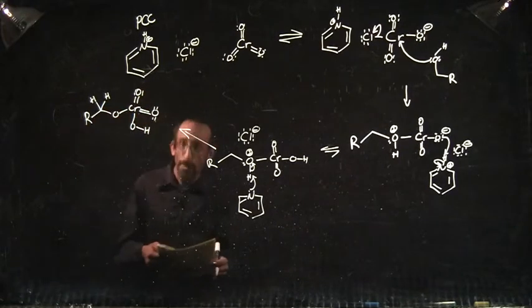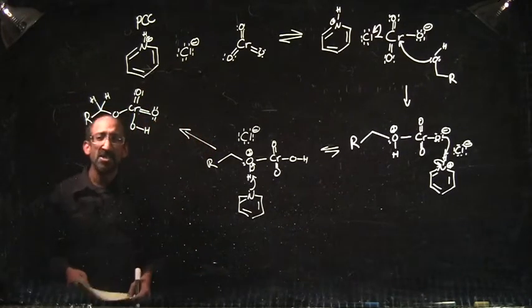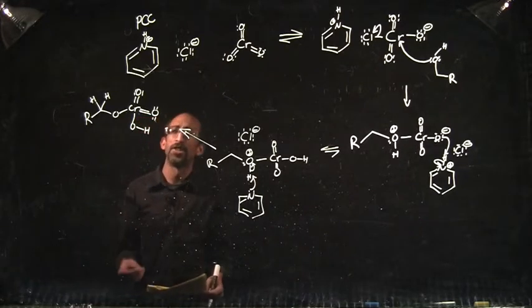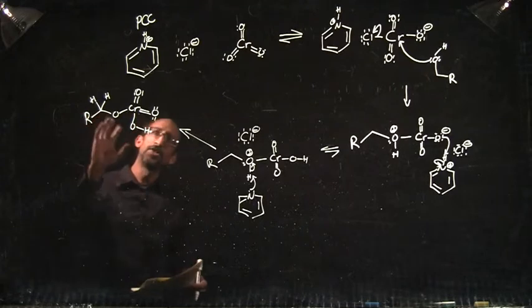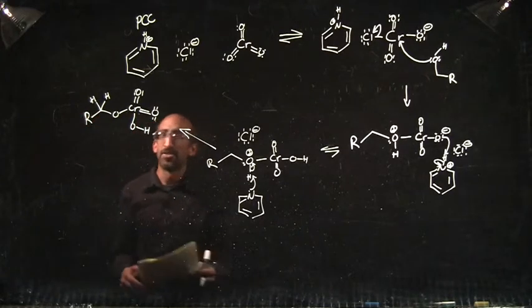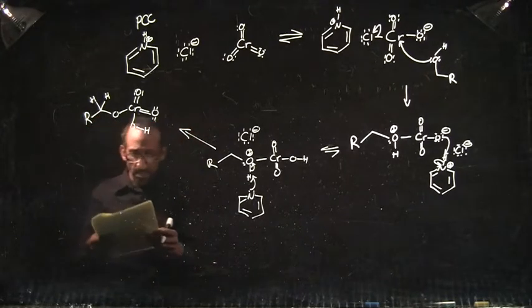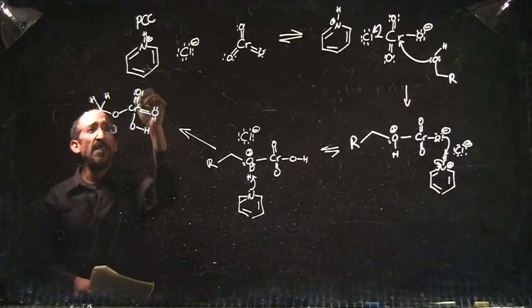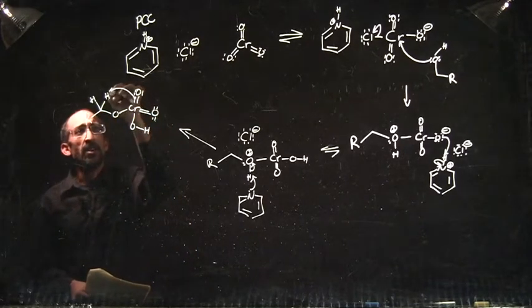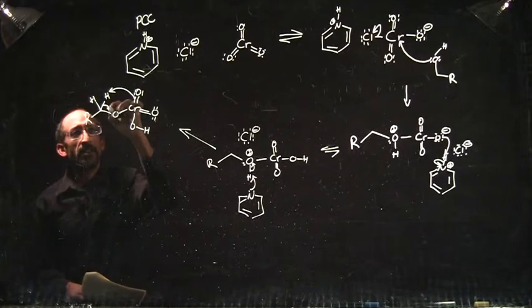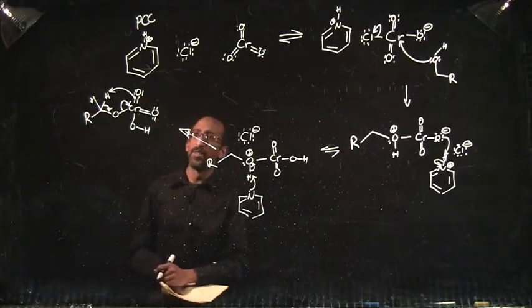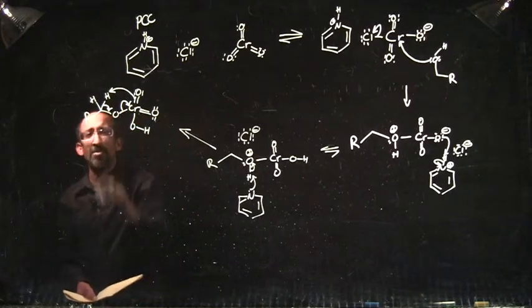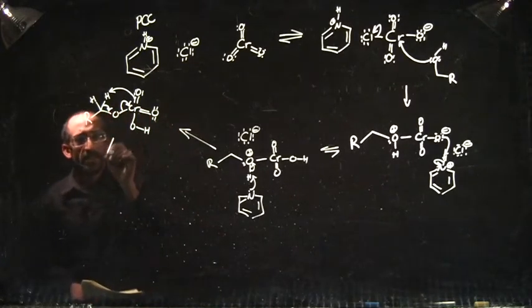And so now, what can happen is essentially an intramolecular E2 reaction. We need to think E2 at the end. That's how we get this to go down. If we look at the arrow pushing that happens, I have something that can act as a base, removing a proton while simultaneously expelling that chromium leaving group and creating the new carbon-oxygen double bond.